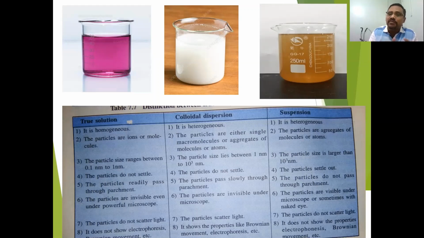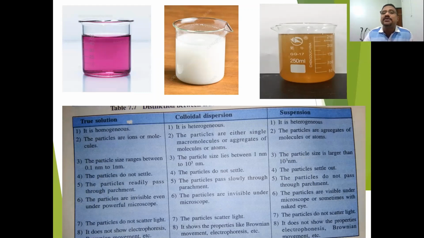Then dilute solution, concentrated solution, unsaturated solution, saturated solution, supersaturated solution, aqueous solution, and non-aqueous solutions. These are the 12 definitions I included in the general classification.